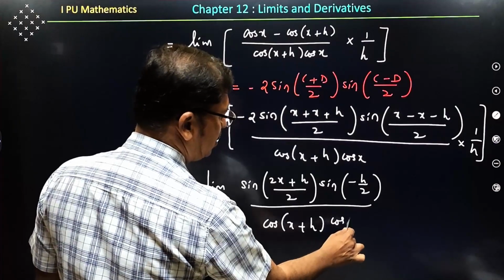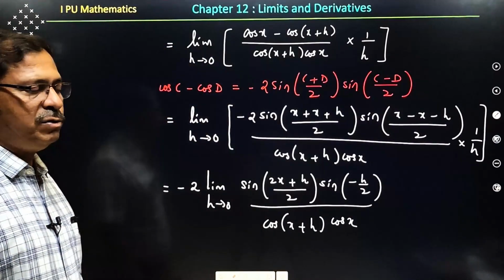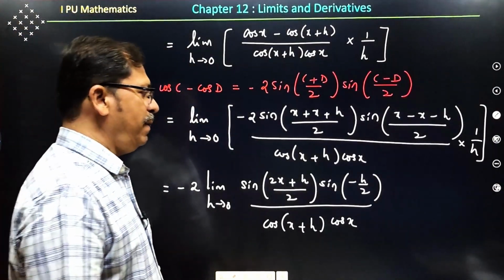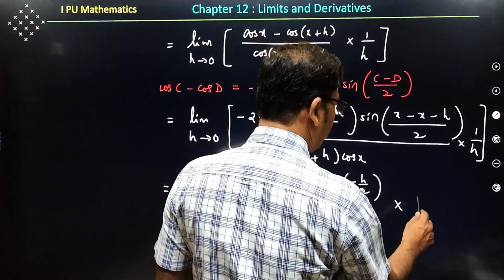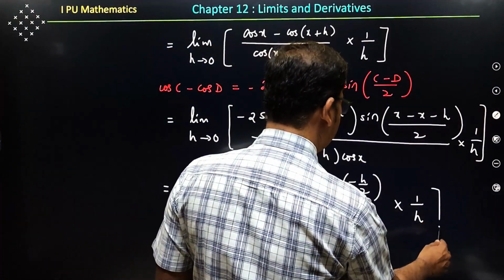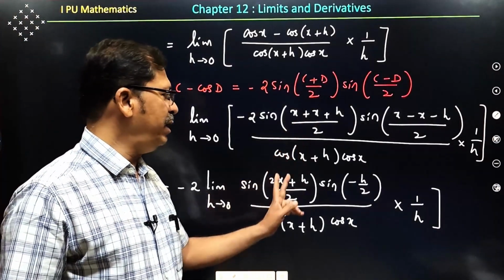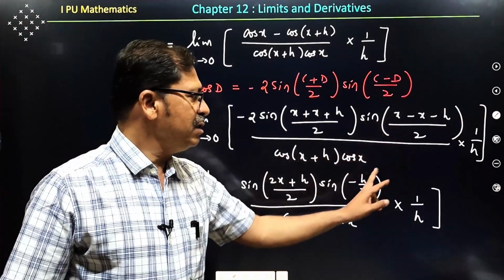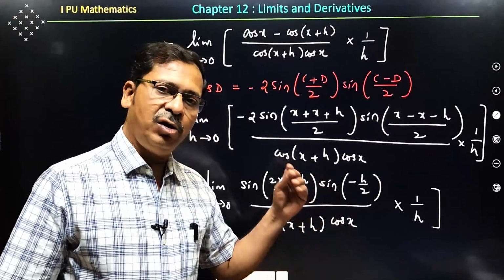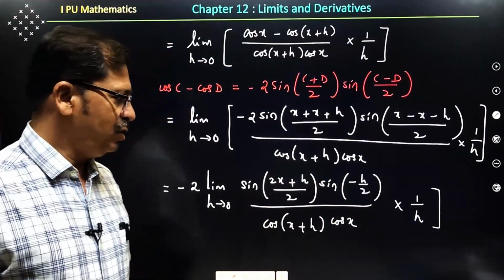See the terms, if you have any difficulty please tell me. Lastly, 1 divided by h is to be written as it is. See what I have done: x and x I have added, 2x here, x cancels, minus h by 2 remains. Remaining things I have written as it is, no change.